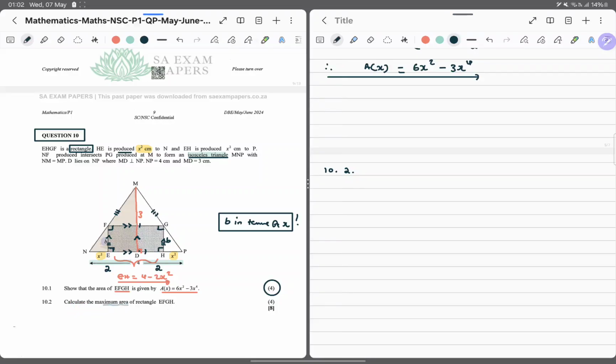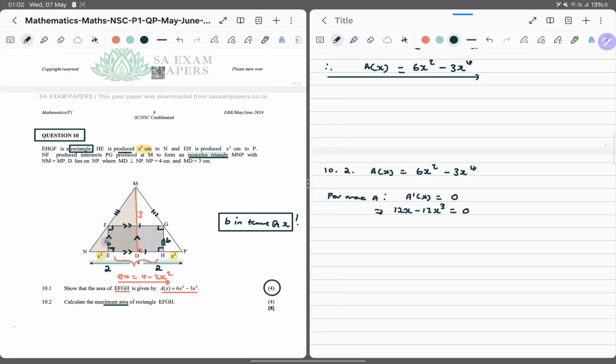Calculate the maximum area of the rectangle. So this is easy, most. We know that A of x is equal to 6x squared minus 3x to the exponent 4. So we can say for maximum area, it is such that A prime of x is equal to 0, which implies that 12x minus 12x cubed is going to be equal to 0, right?